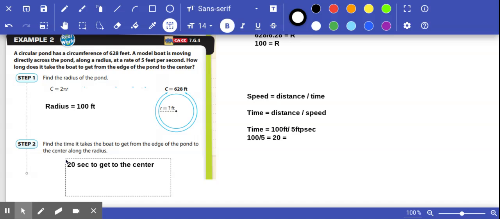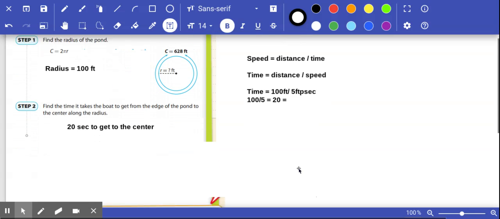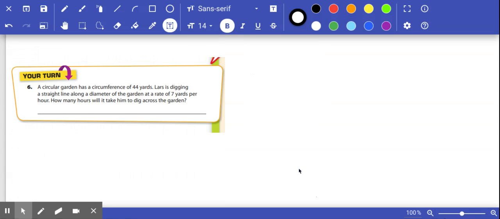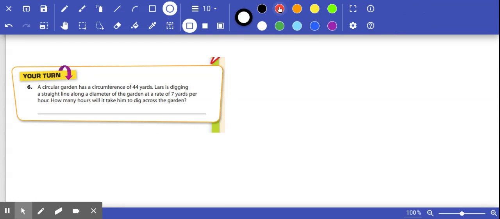All right? Let's drop down and do the problem, your turn. A circular garden has a circumference of 44 yards. Just for fun, since I'm in a drawing tool anyway, I'll draw my circular garden. I'll use green because green circles, right? So it has a circumference of 44.